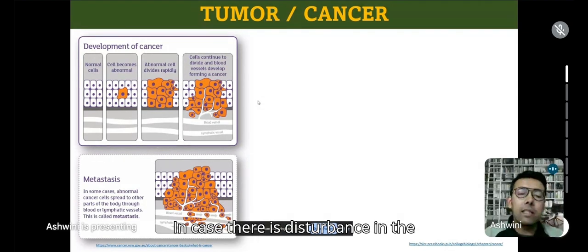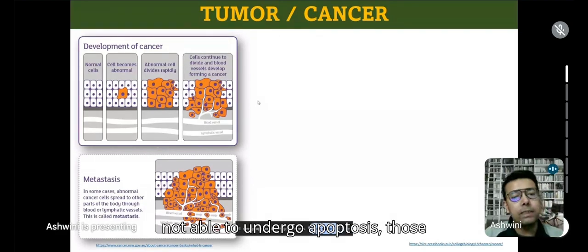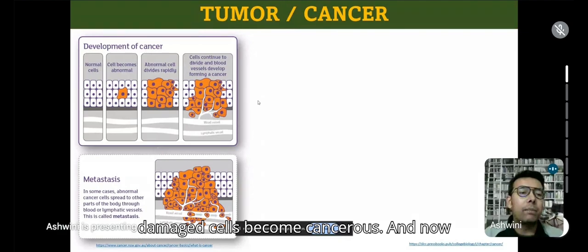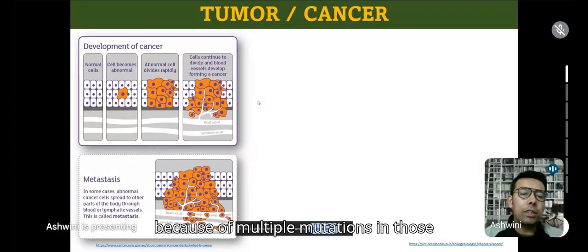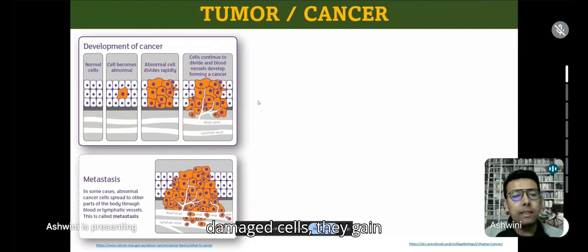In case there is disturbance in the apoptotic signal, that means the cell is not able to undergo apoptosis, those damaged cells become cancerous. Because of multiple mutations in those damaged cells, they gain abnormal cell division capacity, and those abnormal cells become cancerous and create problems for the human body.